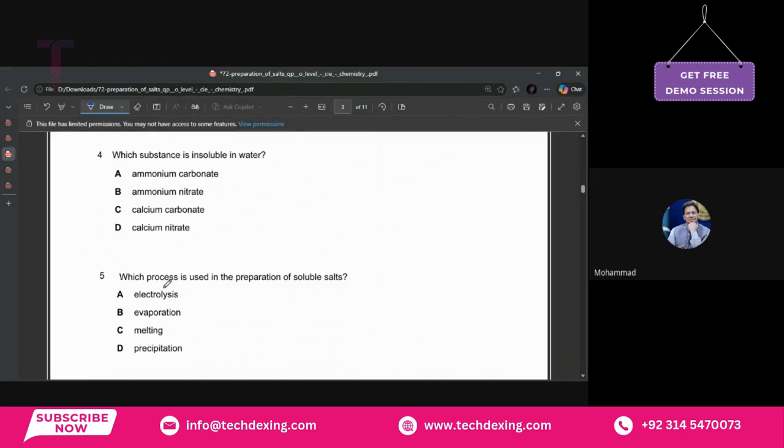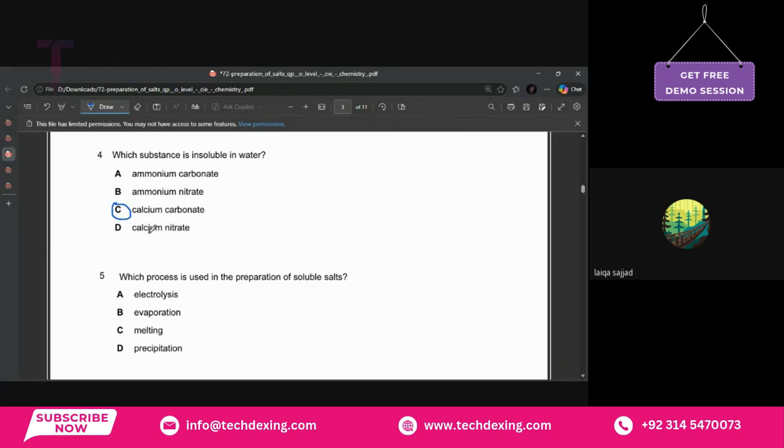Calcium carbonate. Very good. Why not A and B? Because all the ammonium salts are soluble. And why not D? Because all nitrate salts are also soluble in water. Very good.